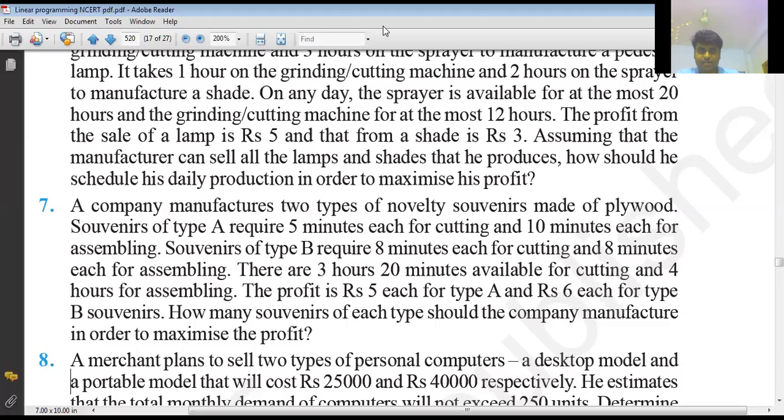What is x now? The number of items of first type and the number for second type. Okay. So let us look at that problem there. Now here, question number 7.